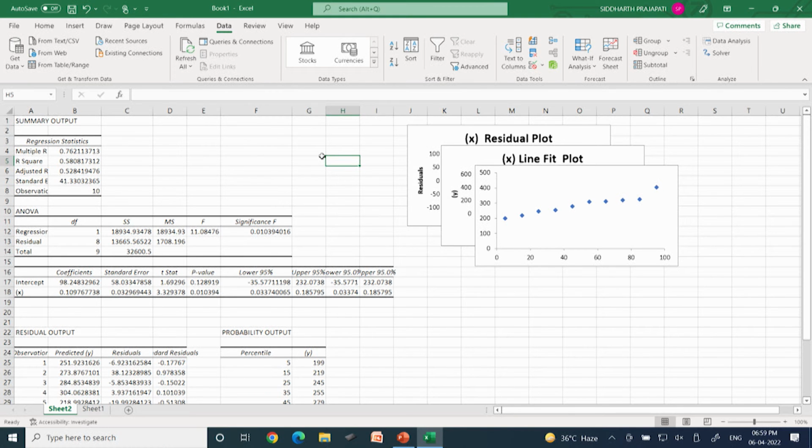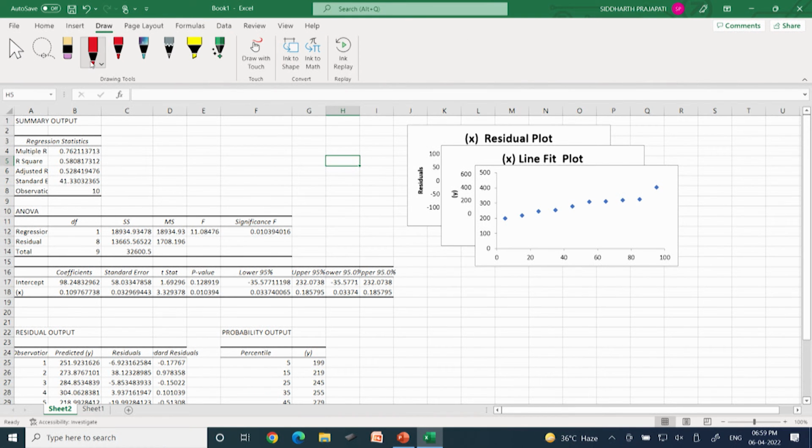So, what is there? Look at these values. Here I have intercept and x value, and I have standard error, and we are going to test whether this model is significant or not by looking at this p value. If the p value is less than or equal to alpha, reject H naught.